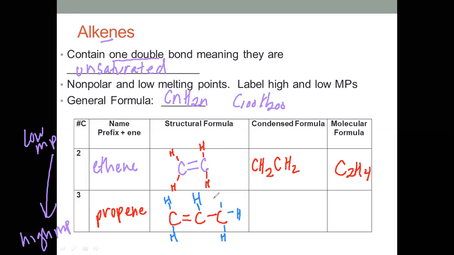H, H, H. Okay, first carbon, CH2. Second carbon, CH. Third carbon, CH3. C3H6. So you wouldn't have to draw them out totally. You could just use the general formula if that's all you were asked for.